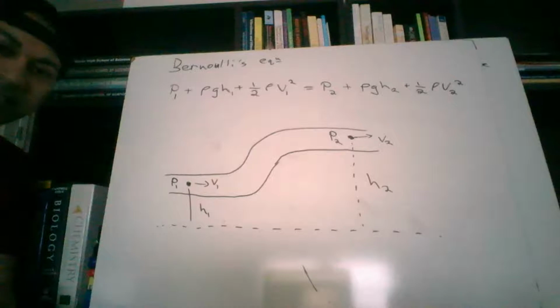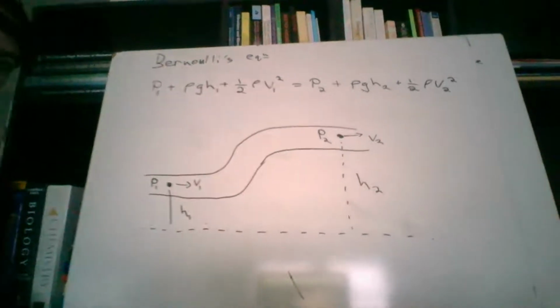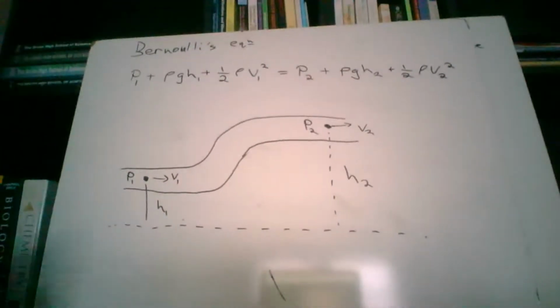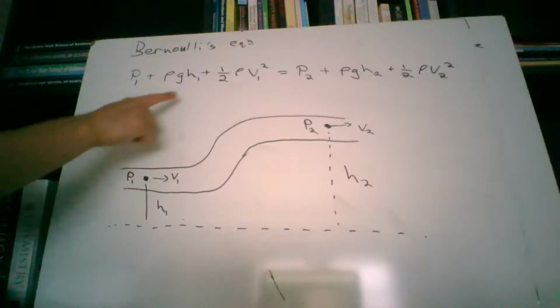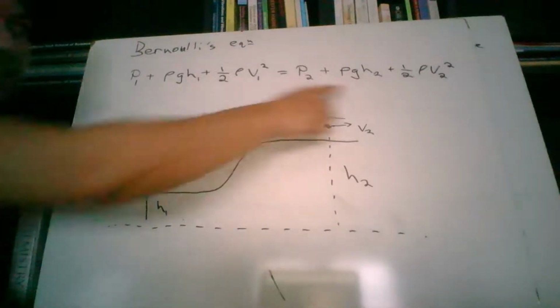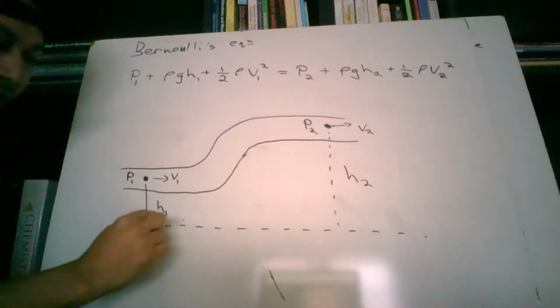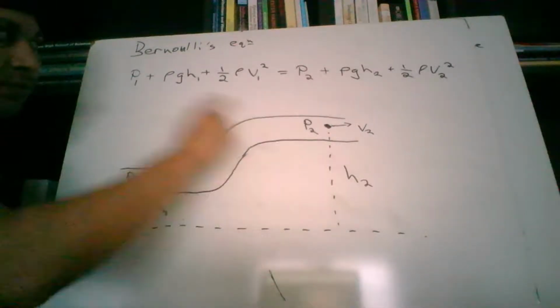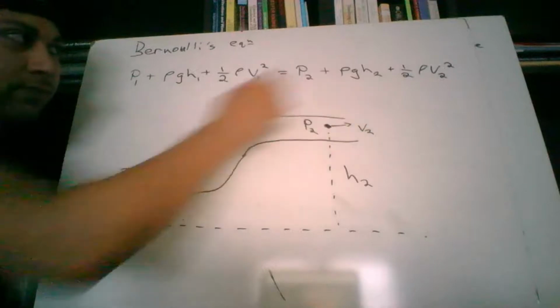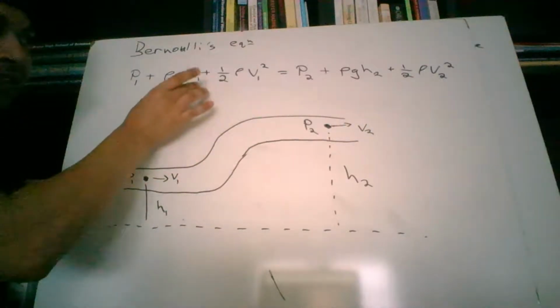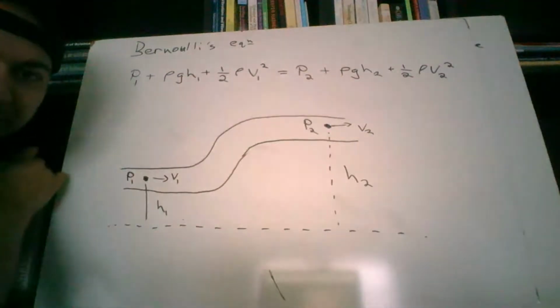I want you to take a second to just look at this equation and really get a feel for what's happening. What we've done is changed H. You can see that from here. I've gone from H1 to H2. So this part of the equation has changed.